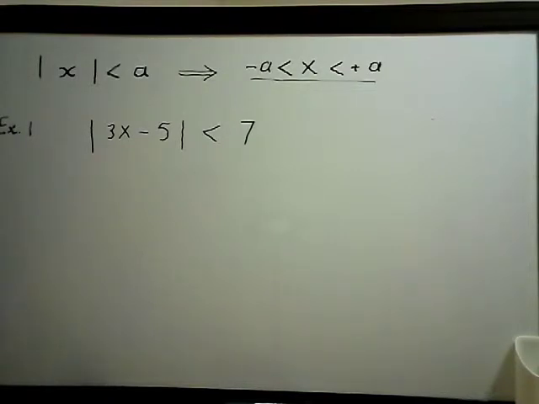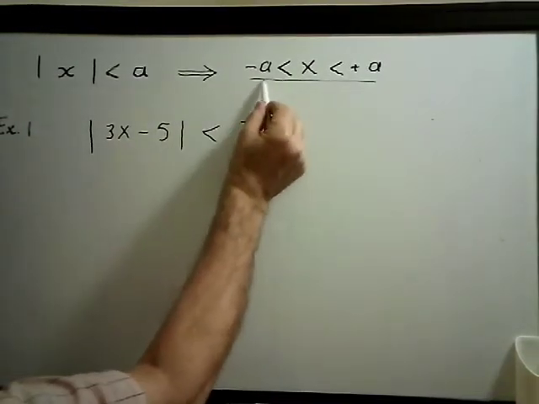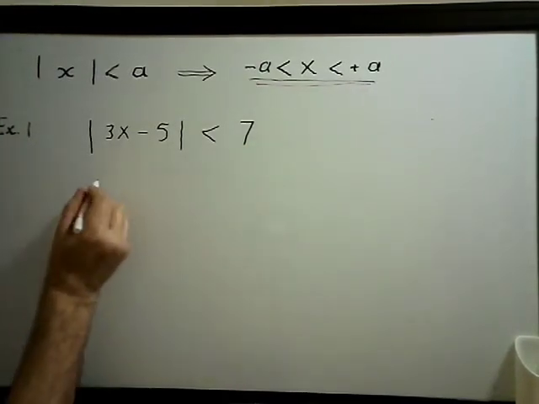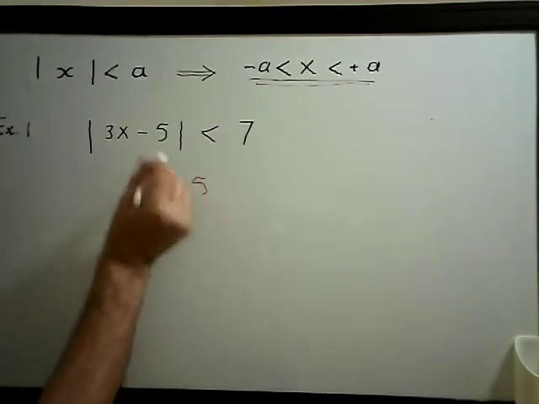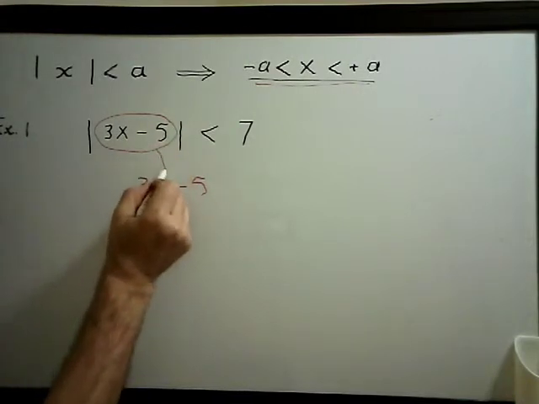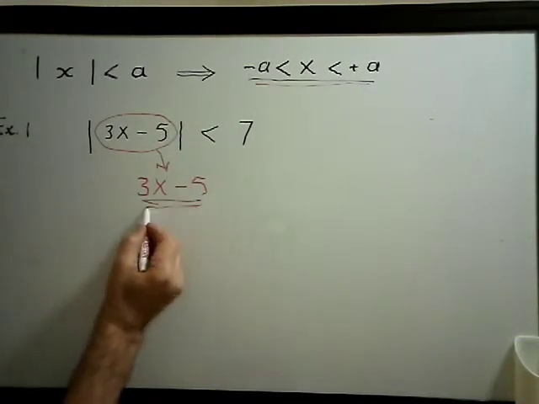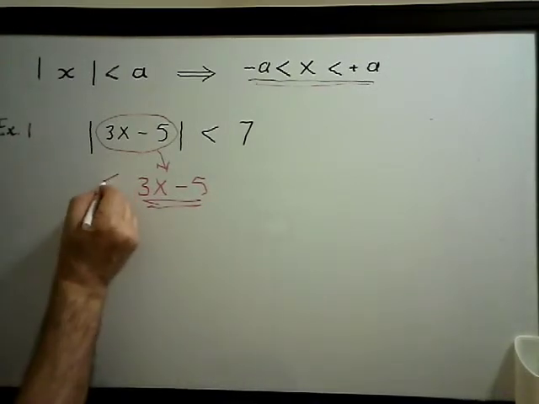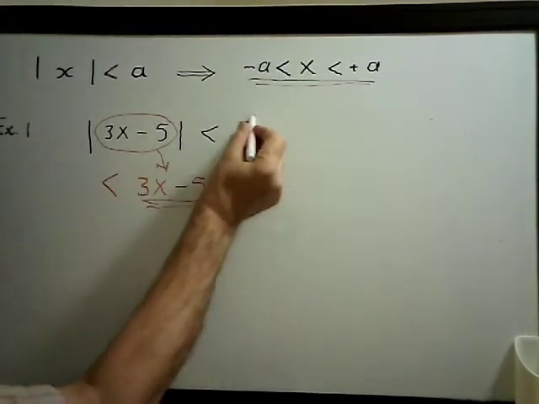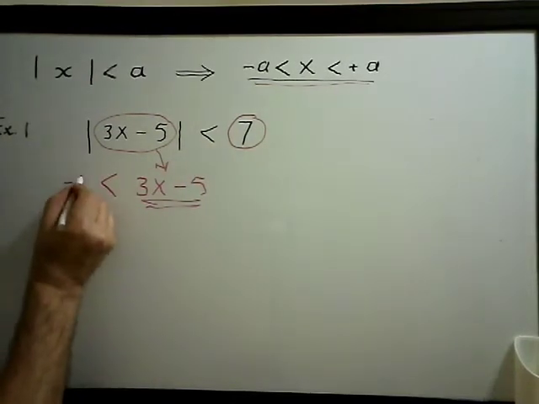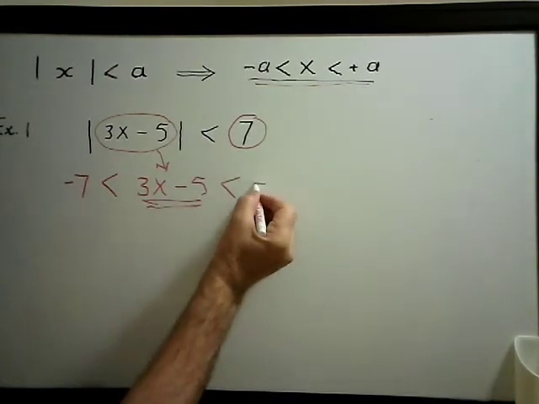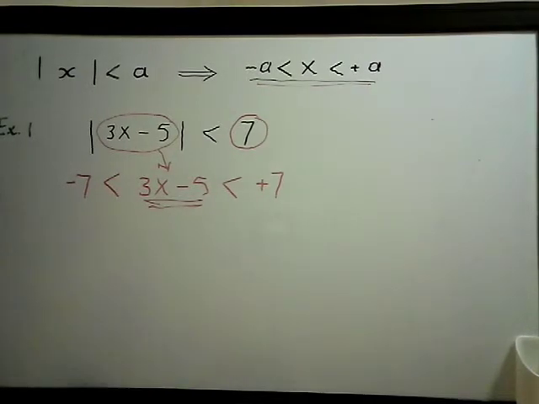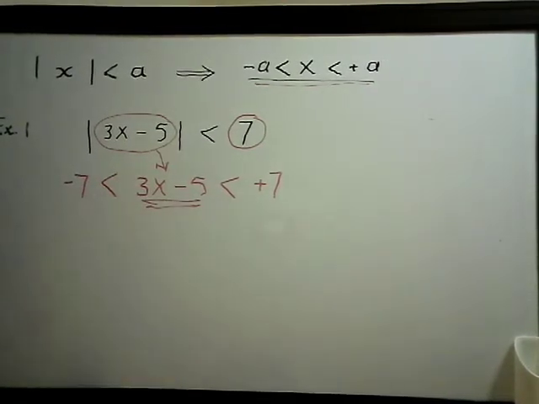The first thing to do is to express it according to this rule, by writing 3x minus 5 here, is greater than negative 7 and less than positive 7.